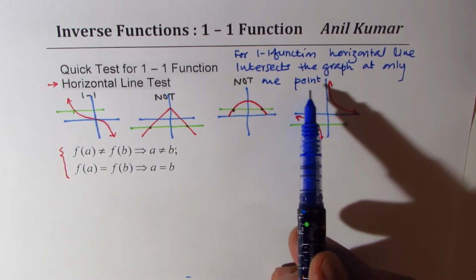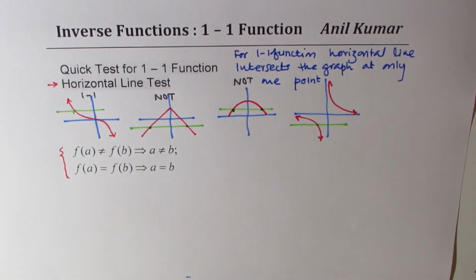But if it intersects at more than one point, it is not a one-to-one function. You get an idea, correct? So that is what it means.